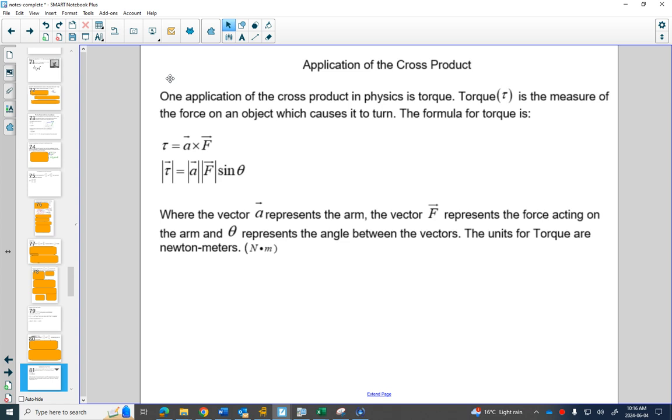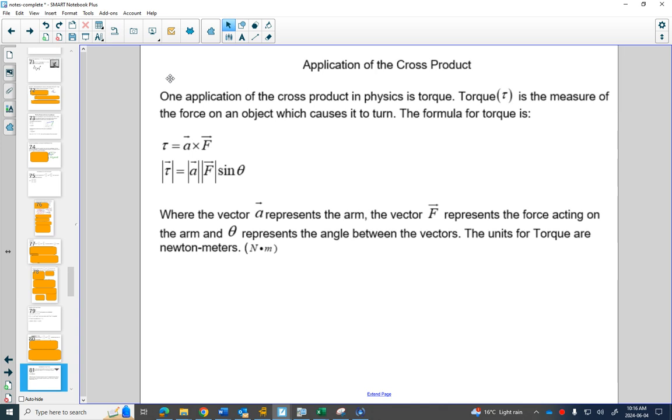So torque is just A cross F, which is the length of A times the length of F times sine of theta.